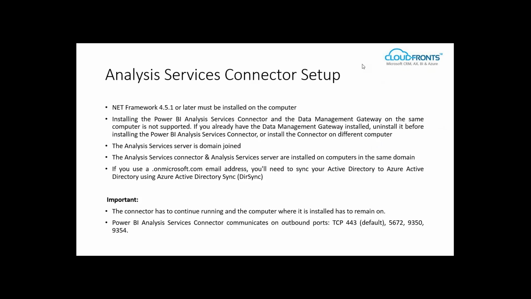Before a user can connect to an analysis services model as a data source, the Power BI analysis services connector needs to be installed and configured on the on-premises server. The connector just acts as a proxy between analysis services and Power BI, quickly and very securely.